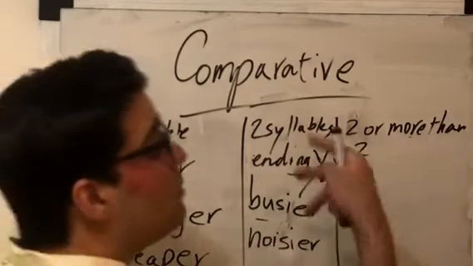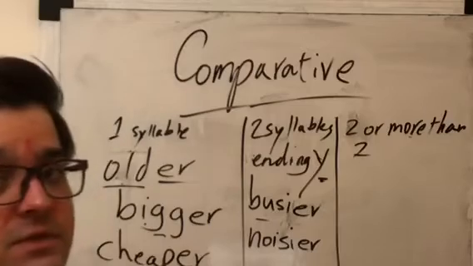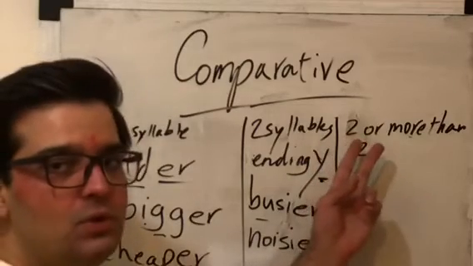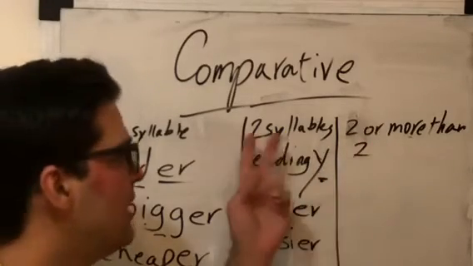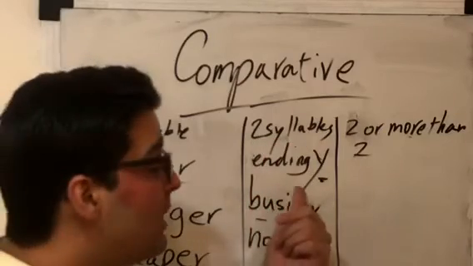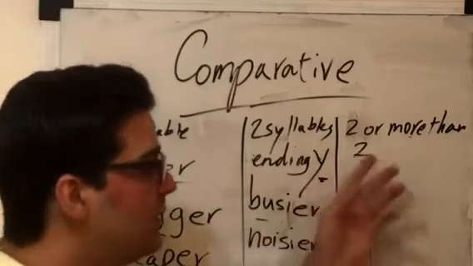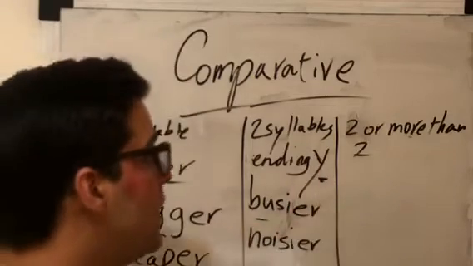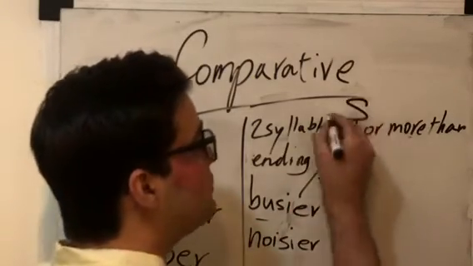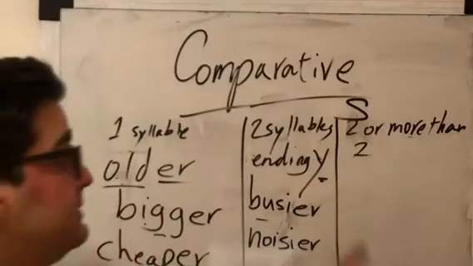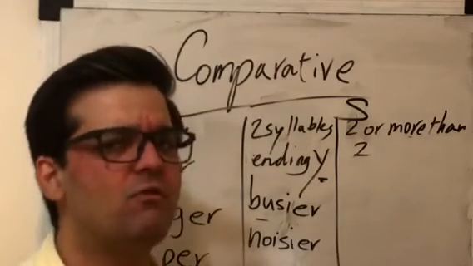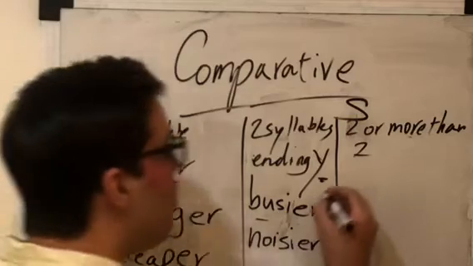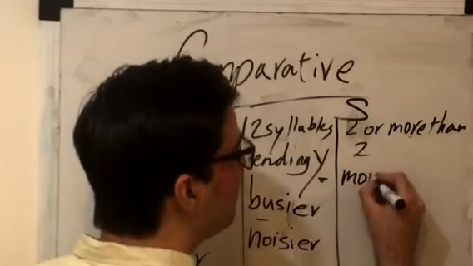For two or more than two syllables, you have, for example, two vowel sounds. You have here two syllables, but with ending y. Here is the difference. If you have two syllables or more than two syllables, for example 3, 4, 5, 6, you can add more in front of that.